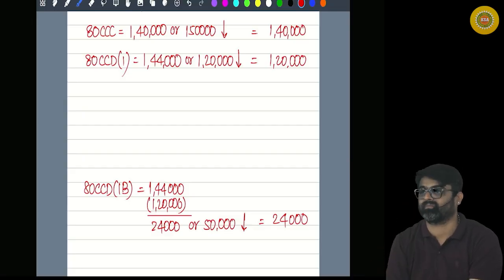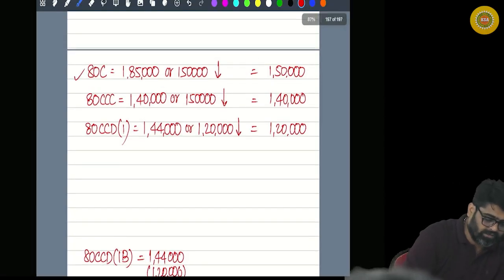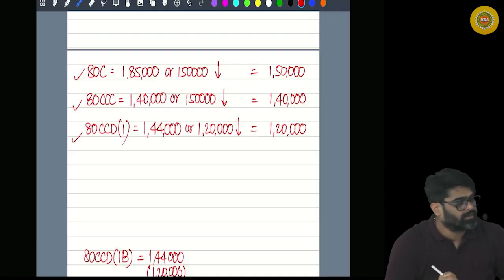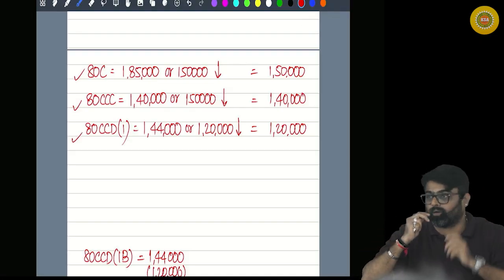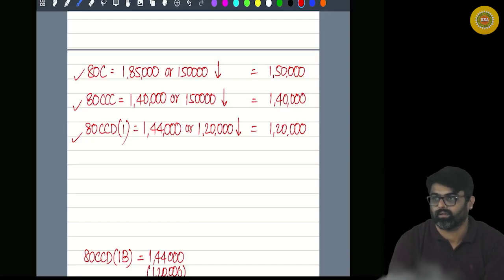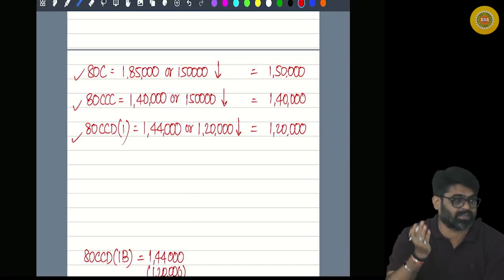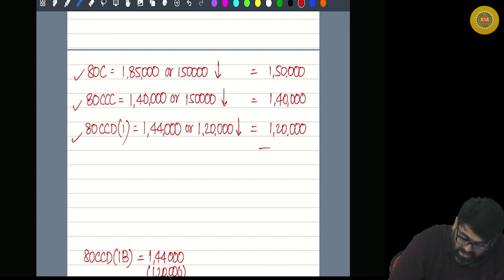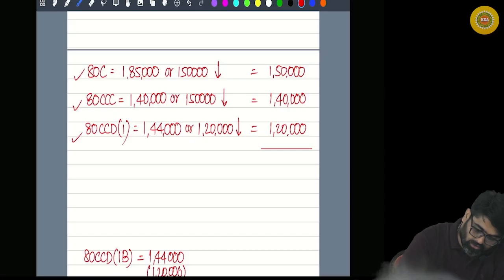Second option is better. This is not better. I'll tell you why. 3 deductions: 80C, 80CCC and 80CCD1 are subjected to overall limit of 80CCE. There is one section, 80CCE. In that section it is written that the deductions available under these 3 sections, the total amount is how much?